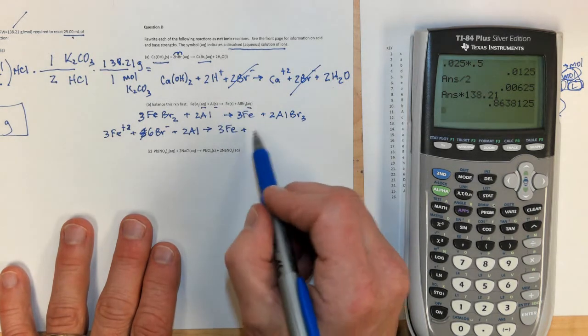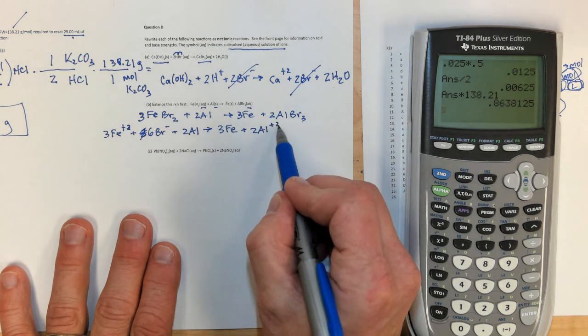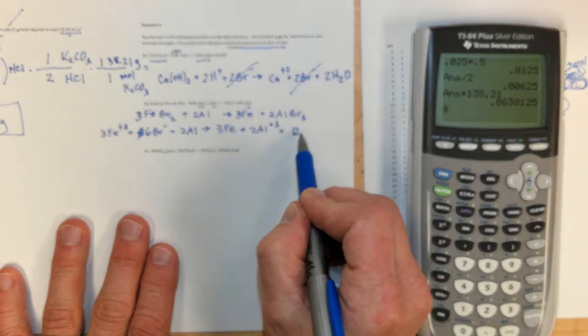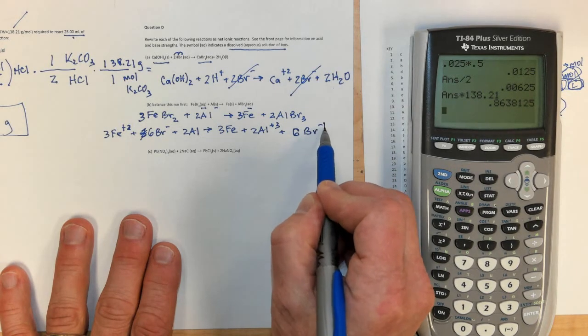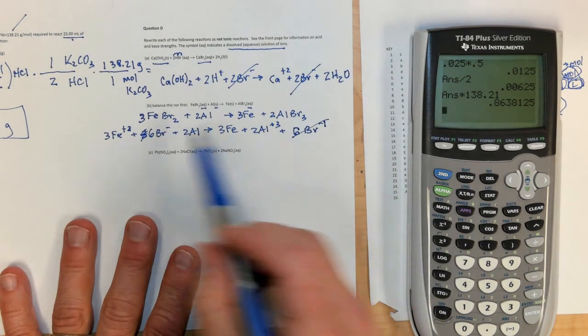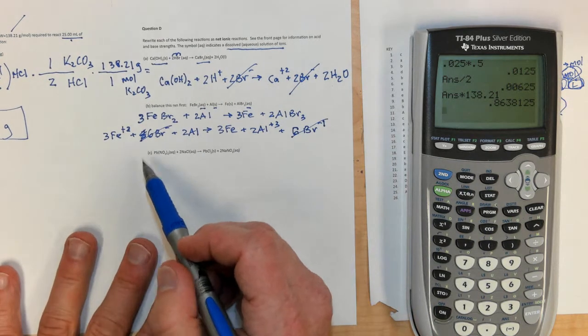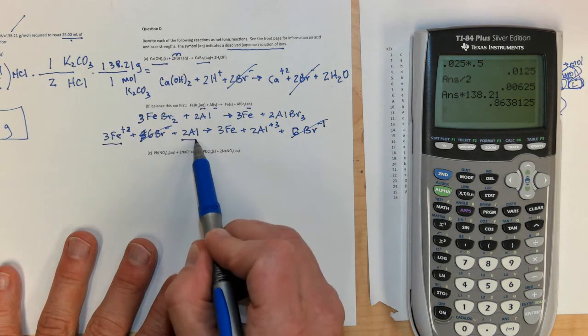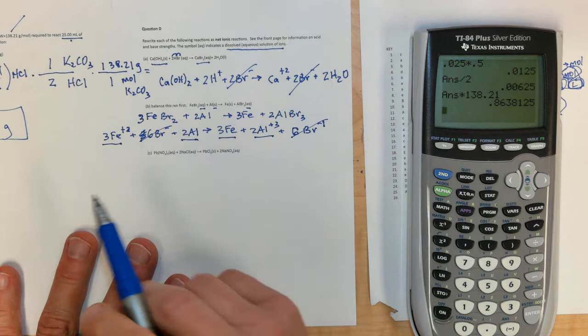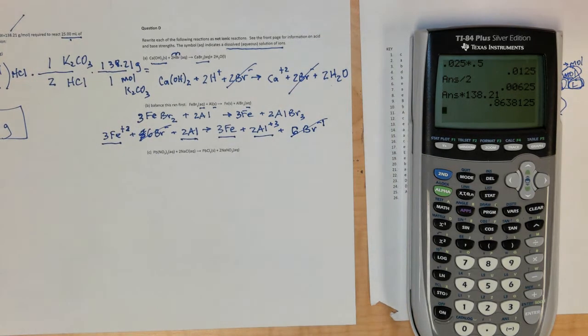This one is aqueous. Notice how the bromines would cancel with the bromines. And then we have the underlined species right here giving you the net ionic equation.